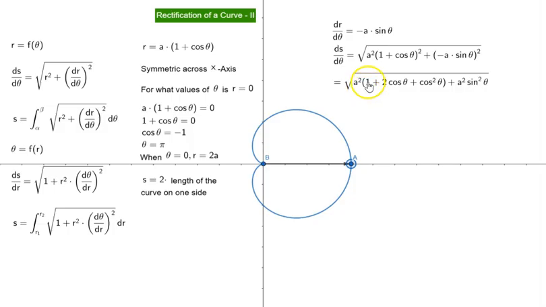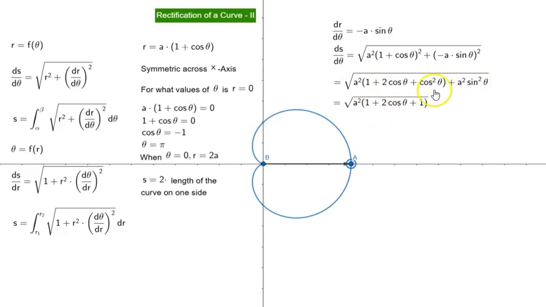Simplifying, a squared times (1 plus 2 cos theta plus cos squared theta). Opening up this bracket, the square will make the minus disappear. So we have plus a squared times sine squared theta. Now a squared cos squared theta we have, and a squared sine squared theta we have.